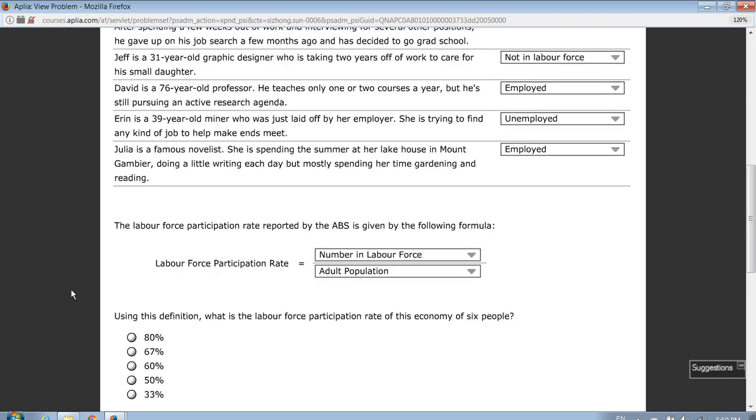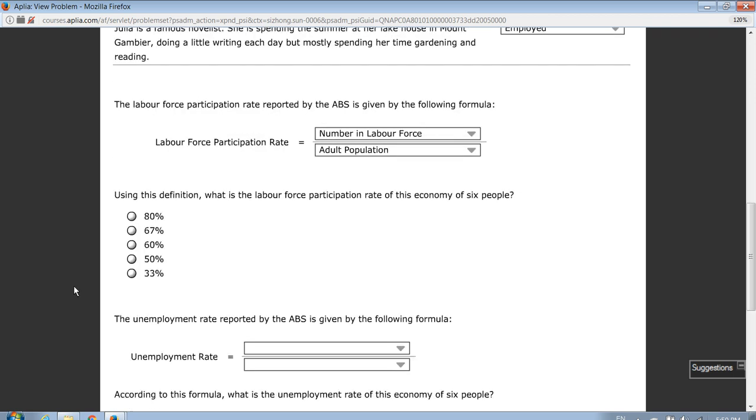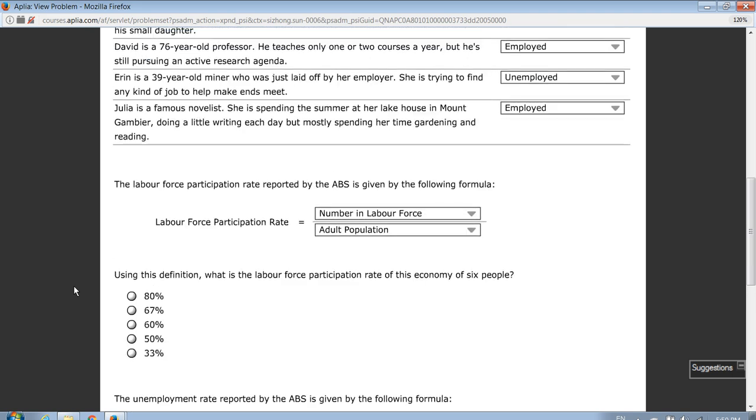Using this definition, what is the labor force participation rate of the economy of the six people?